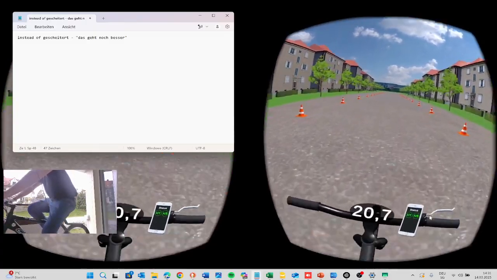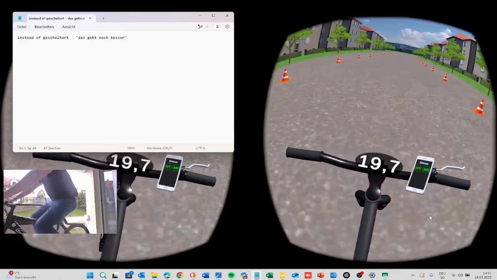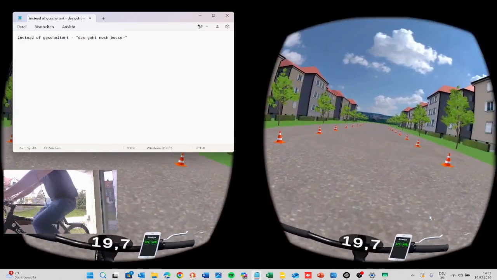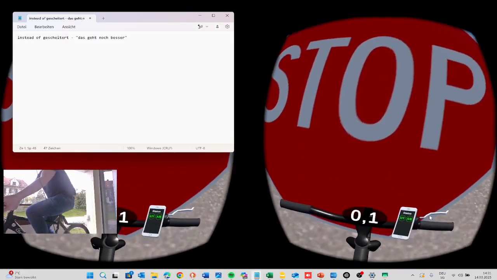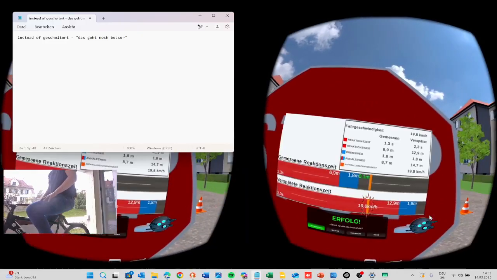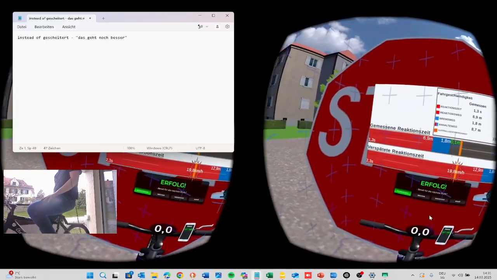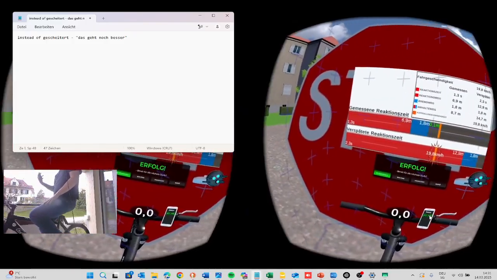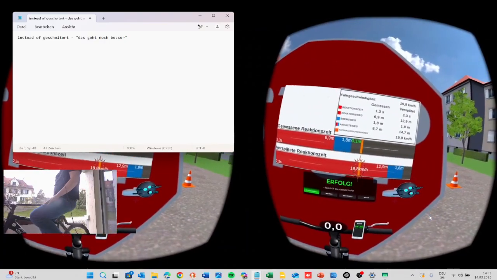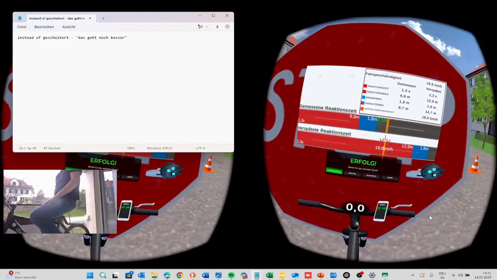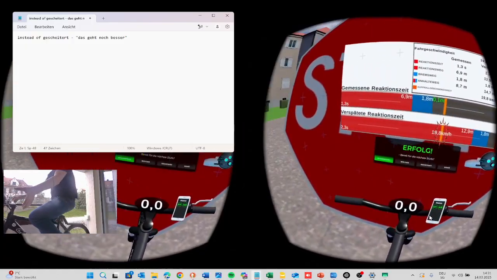Also, if I stare here, I will get much more sick than if I look in front. And if it would be possible to have this stop in a straight 90-degree instead of somehow shifted, that would be also great. Yeah, I have 0.1 meter distance, that's good.